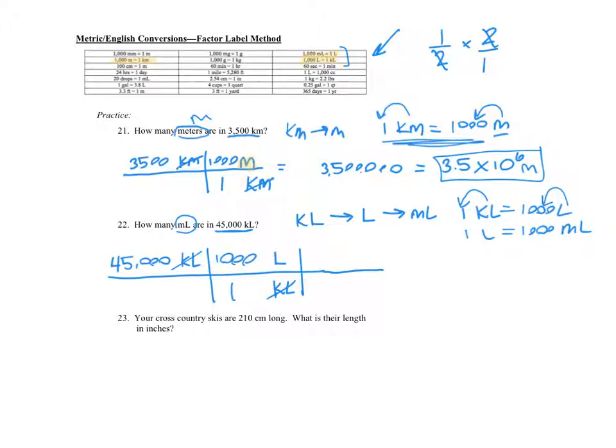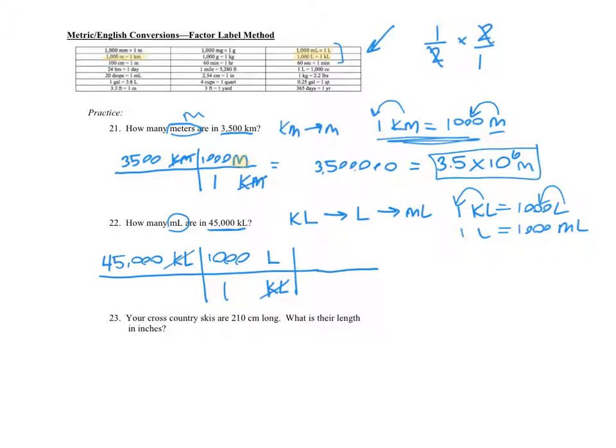Okay, next I'm going to go to my next conversion, liters to milliliters. So the same principles apply though. Liters I want to get rid of, so I put it opposite on the bottom, and it cancels out. What I'm solving for, milliliters, goes on the top. And if I take a quick look, milliliters is the only thing not crossed out.